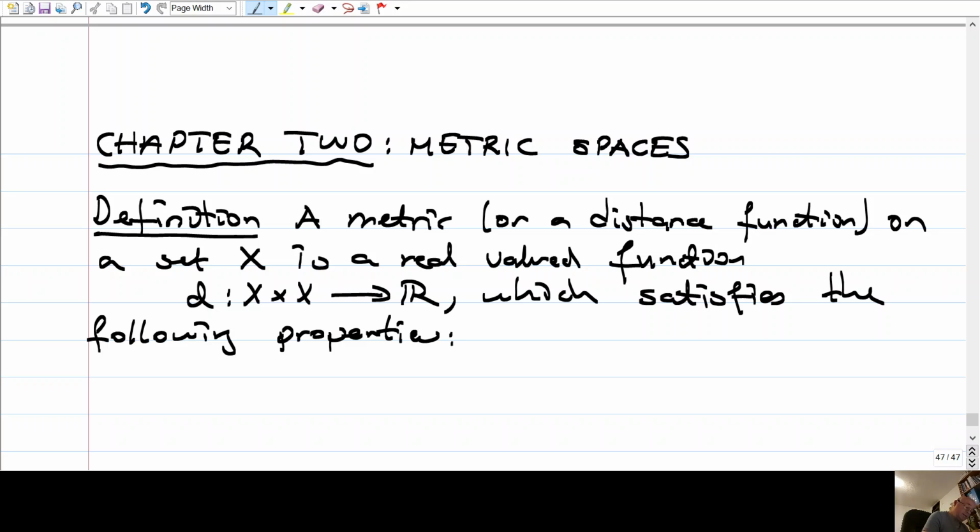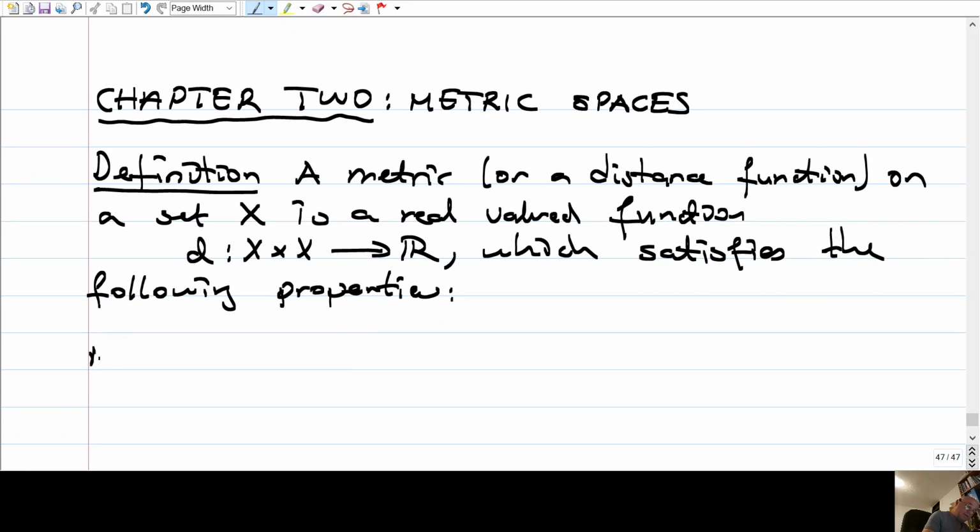What are these? We will call these properties M1, M2, M3. M stands for the metric.